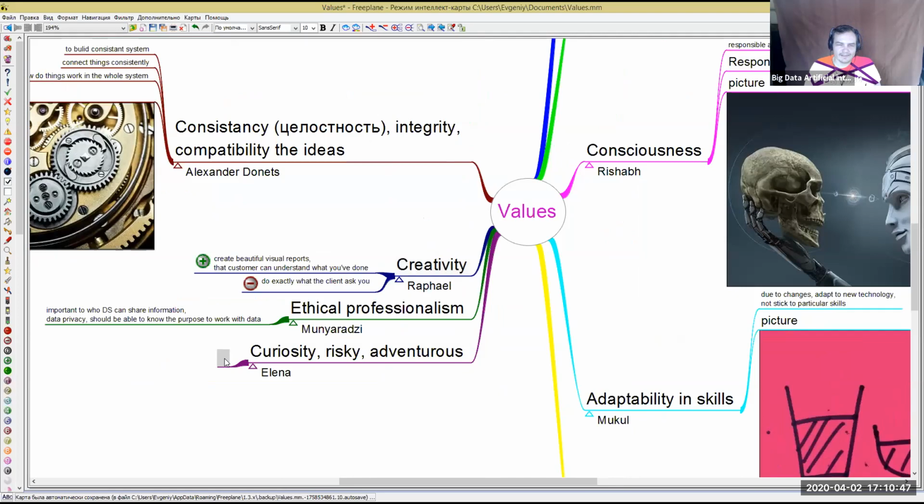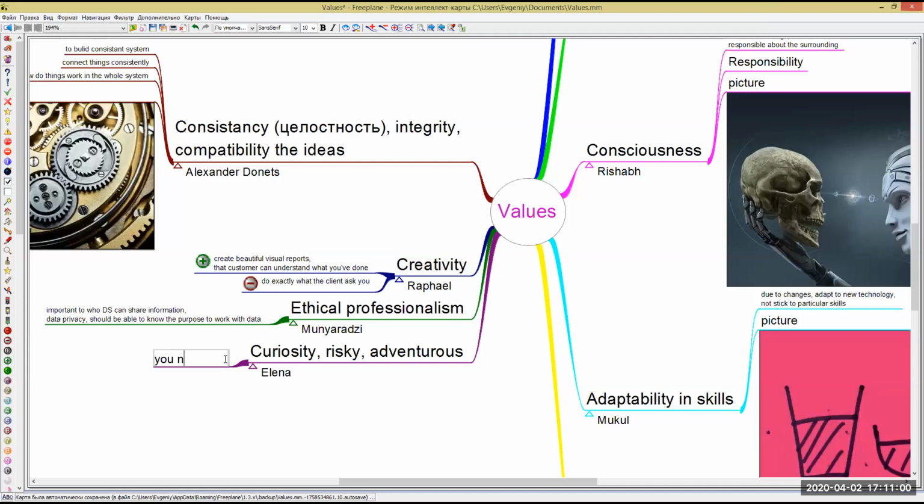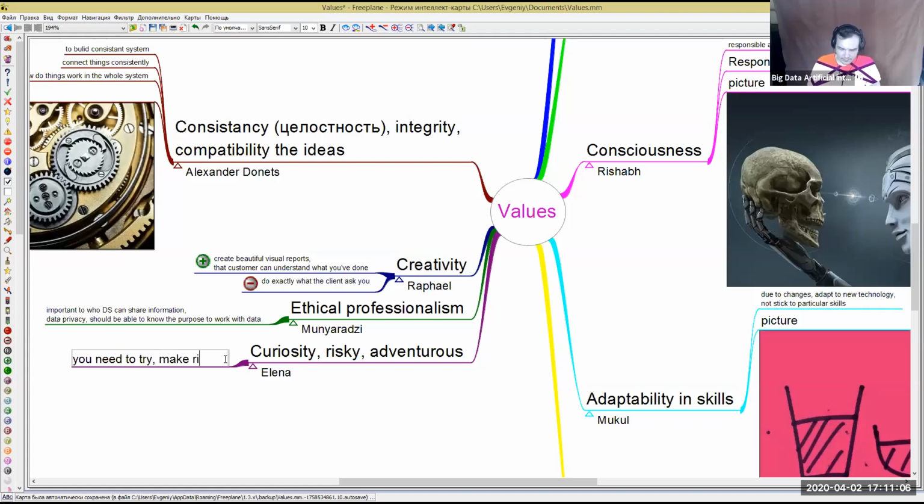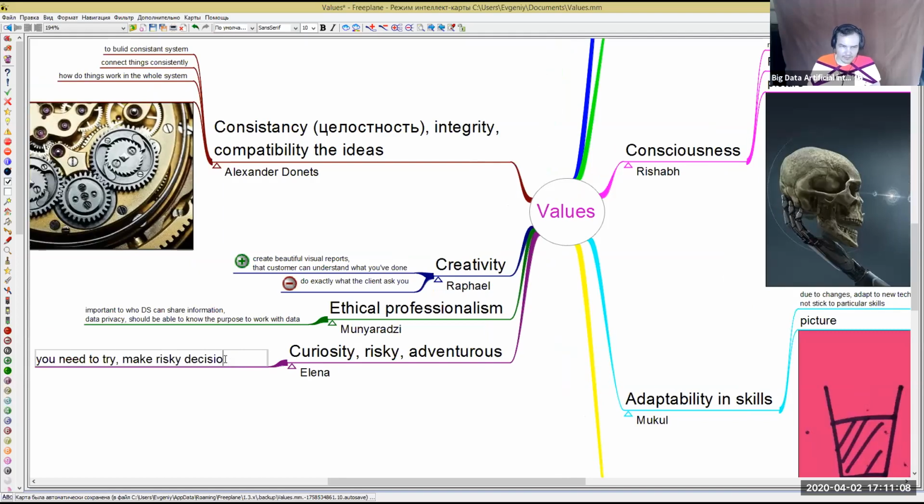Yeah, and take responsibility for this attempt. Yeah. Okay. Make risky decisions. Make risky decisions in order to get benefits.